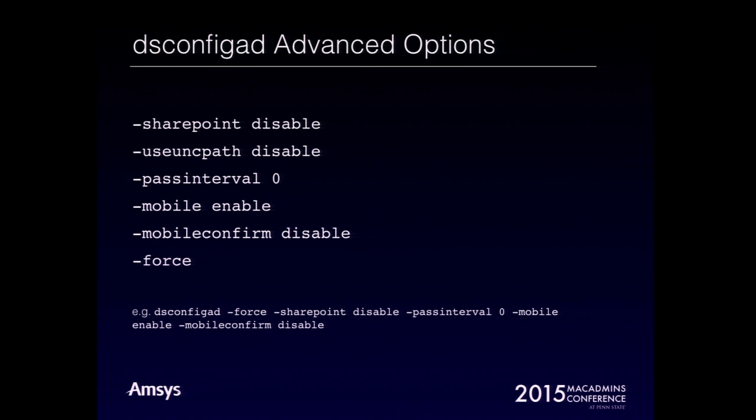So some of the commands that we tend to run with dsconfig AD are these ones here. We might not use all of them in every particular scenario, but there are reasons for each one. First of all, -sharepoint and -useuncpath, that's related to reading the SMBHome attribute from AD and then mounting the network home.